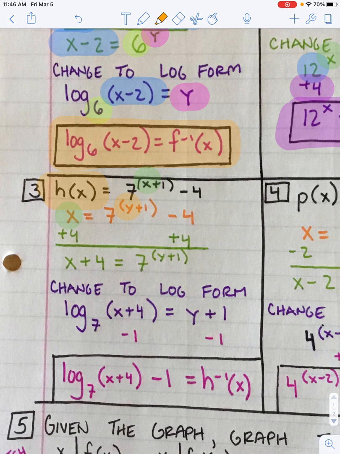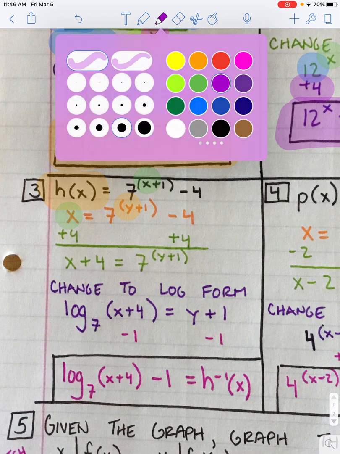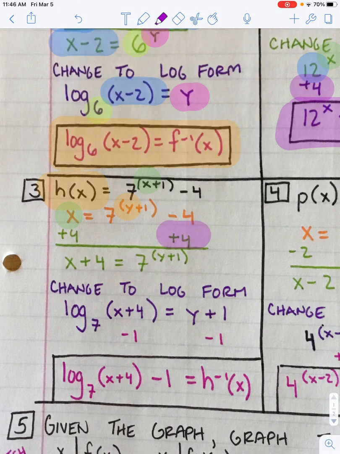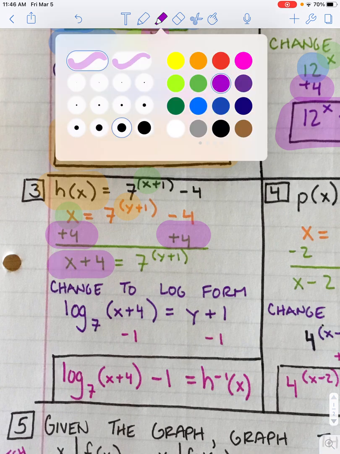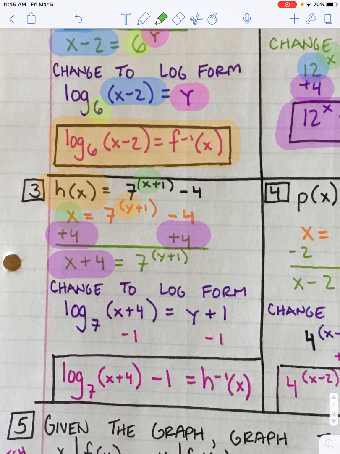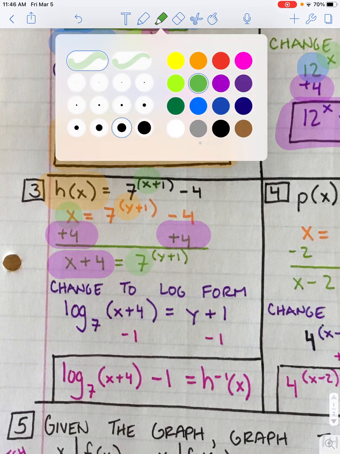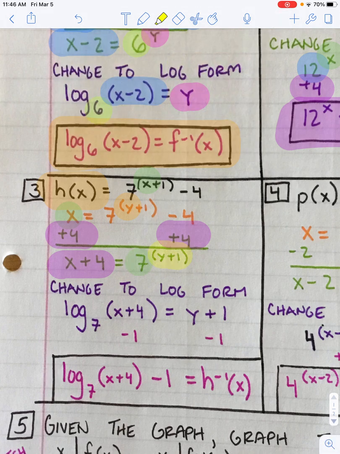Now we go through the steps to solve for that y. So the first thing we have to do is isolate that 7 raised to the y plus 1, and we do that by getting rid of that negative 4 by adding 4. So we have x plus 4 is equal to our base of 7 raised to the y plus 1.